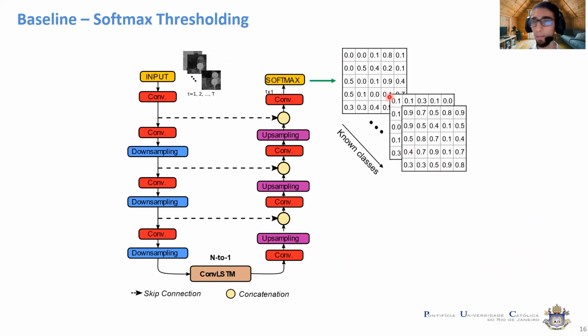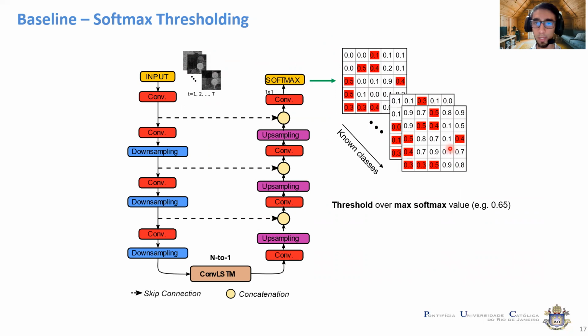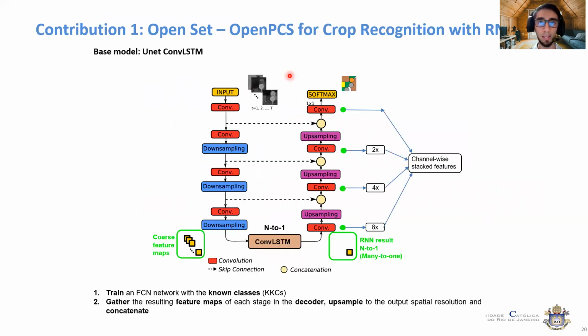We have one channel for each class, and then we apply a threshold value over the maximum softmax value for each pixel. So for example, this 0.65. So if the maximum value of this pixel here is smaller than this threshold, then it is an unknown pixel.